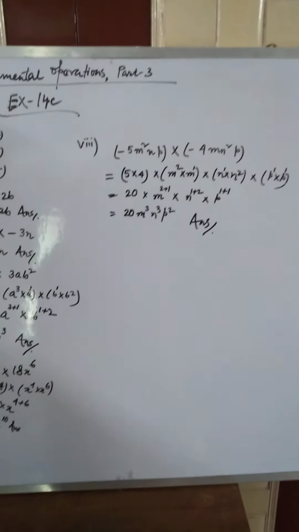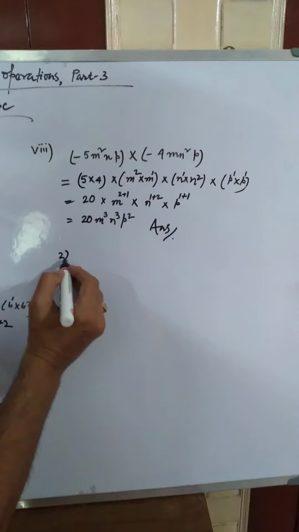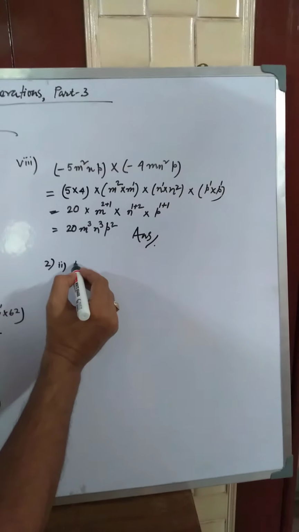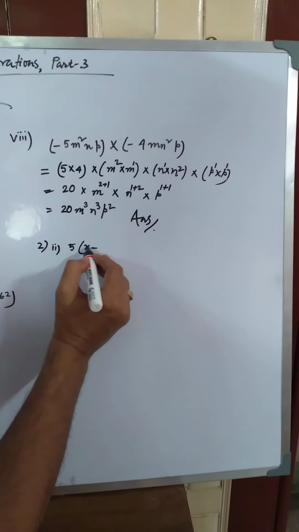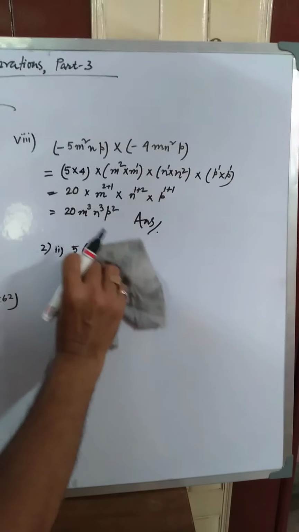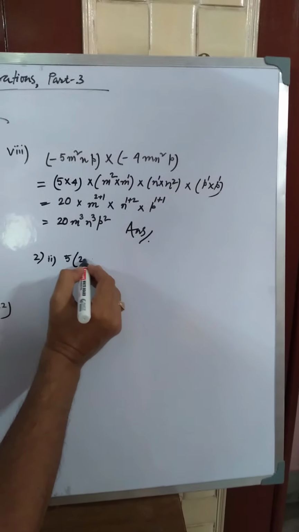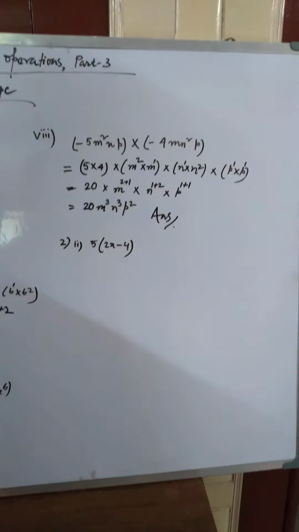Come to the next question, question number 2, Roman 2. 5 into within bracket 2x minus 4. Okay.